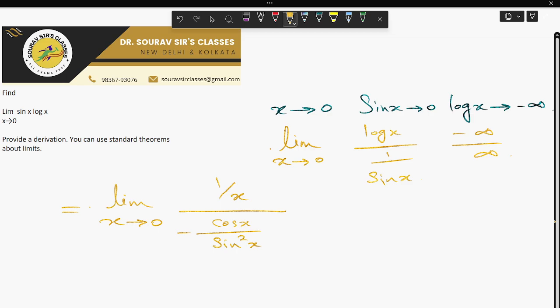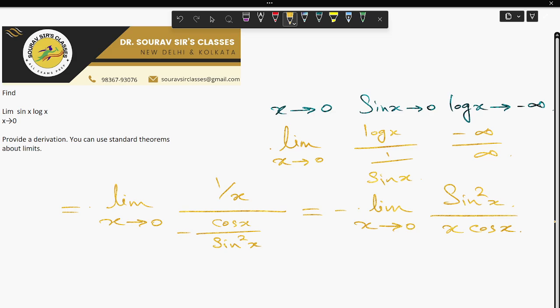So 1 by sin x, the derivative is minus 1 by sin square x, and we got the derivative of sin x, which is cos x, written in the upper. So then our limit will be minus sin square x by x cos x.